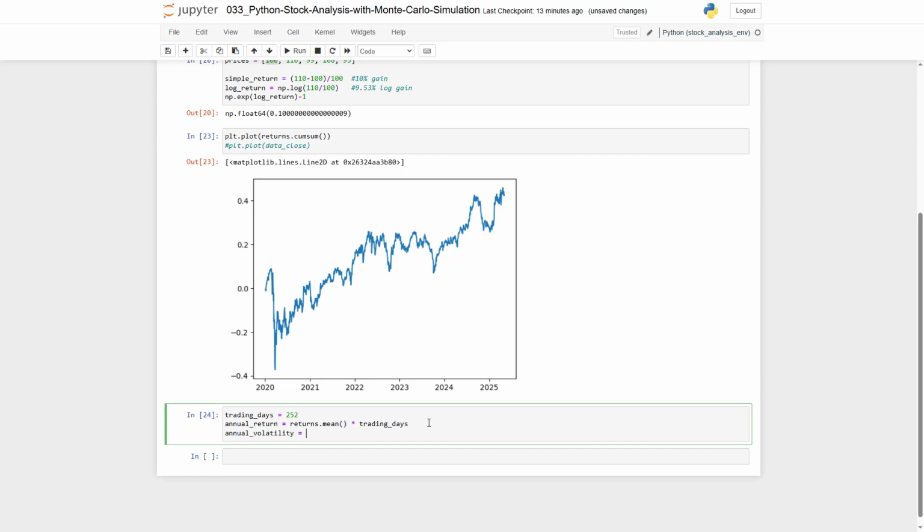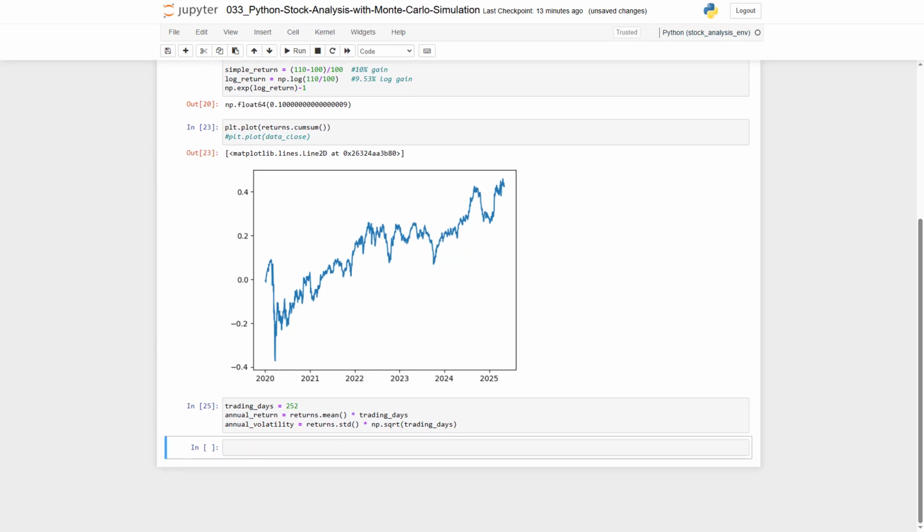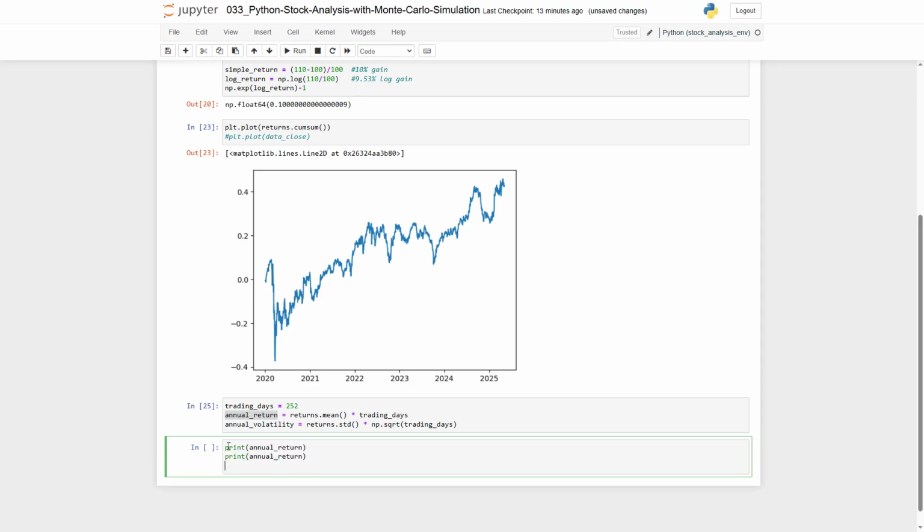We would have here returns.std, which is standard deviation, times the square root of trading days. Okay, and let's see, print annual return, and then print standard annual volatility.